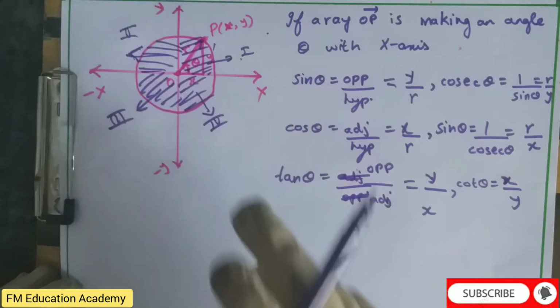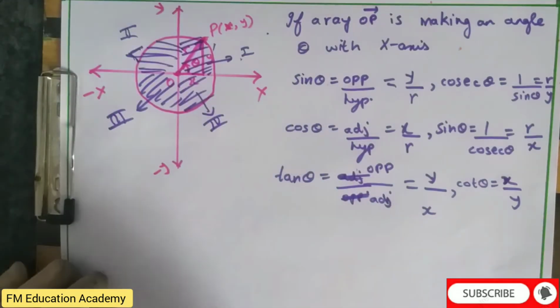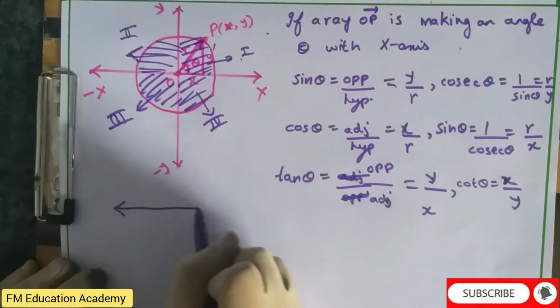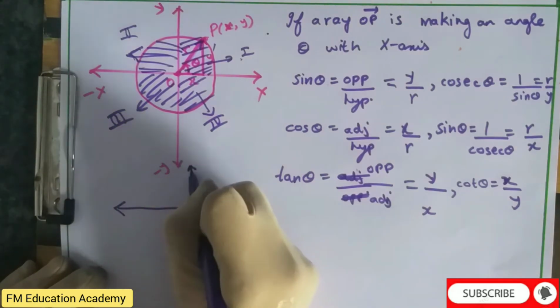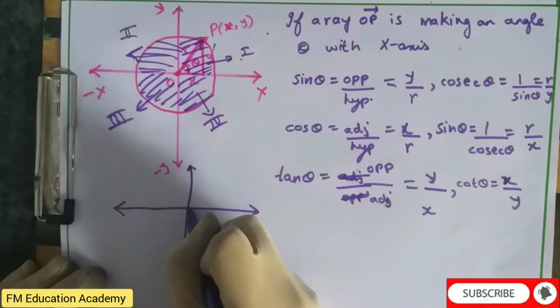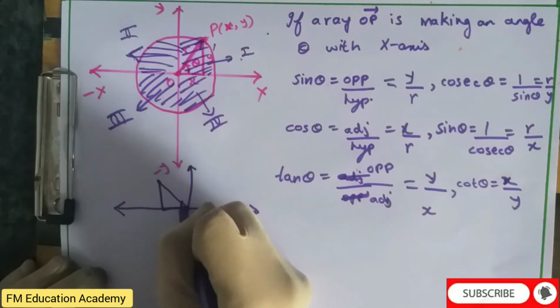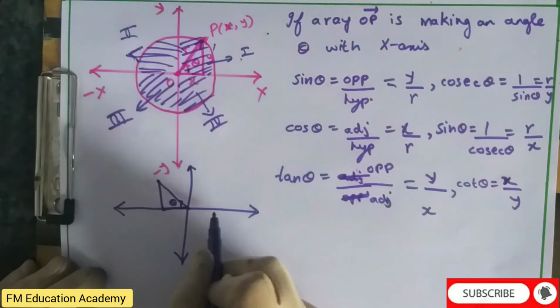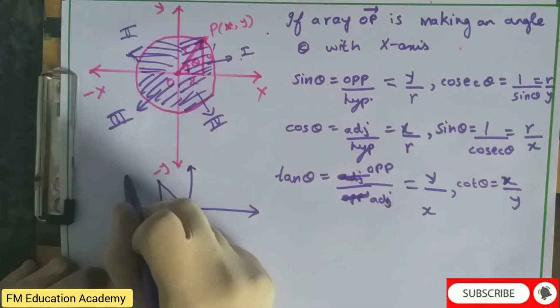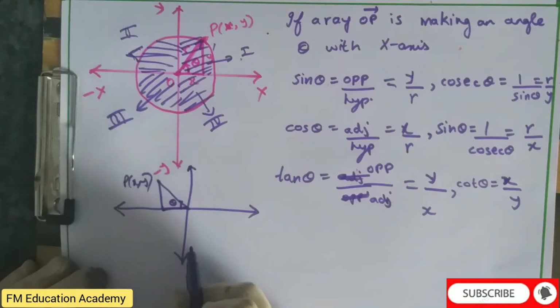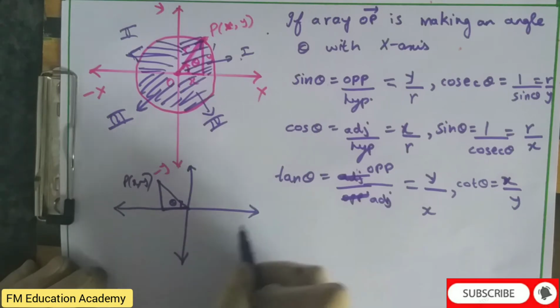Quadrant means quarter. Similarly, see here. Let us suppose I have angle theta in my second quadrant. Same thing, P with x comma y. Or I can have this triangle in the third quadrant also.